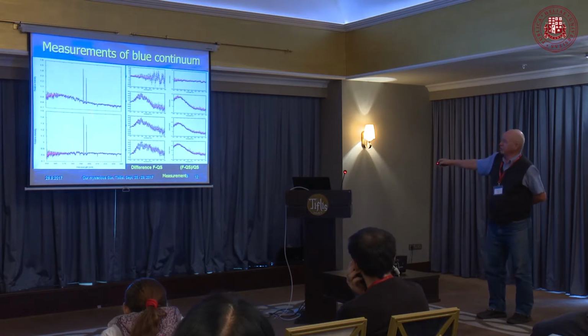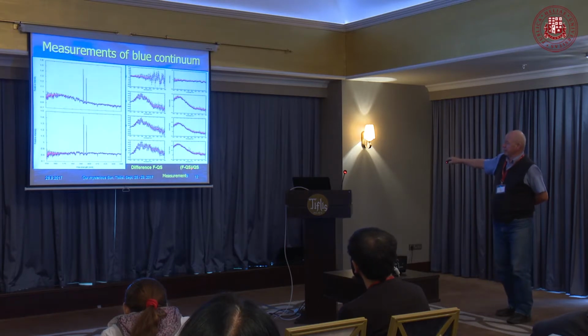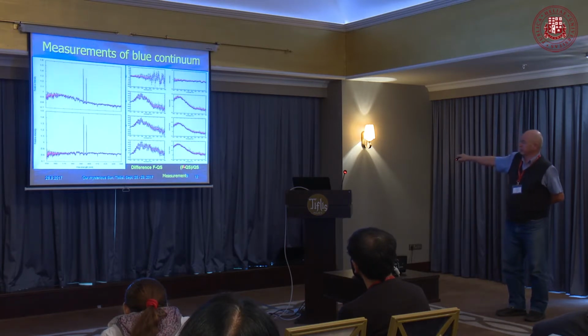So here is how the measurement on the sun looks, and here is the increase during the flare. It's raw data, and here are data which are processed like that: the flare measurement minus quiet sun, divided by quiet sun.